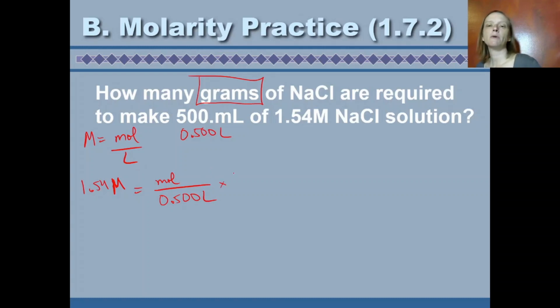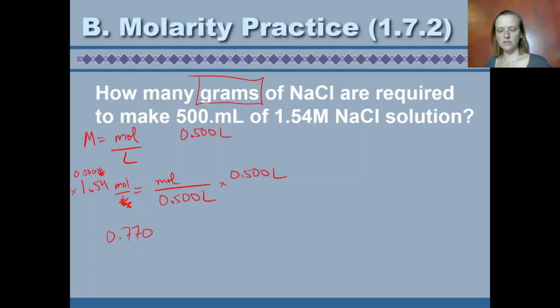So I'm going to multiply both sides of the equation by 0.500 liters. Again, if you prefer to think about that capital M as representing moles per liter, you can see the liters disappear when I multiply both sides of the equation by 0.500 liters. The liters cancel out, and you get, as your answer, 0.770 moles of NaCl.